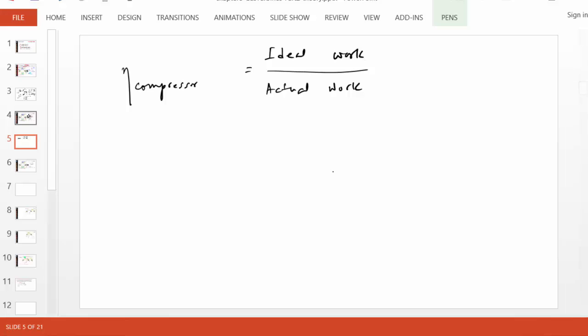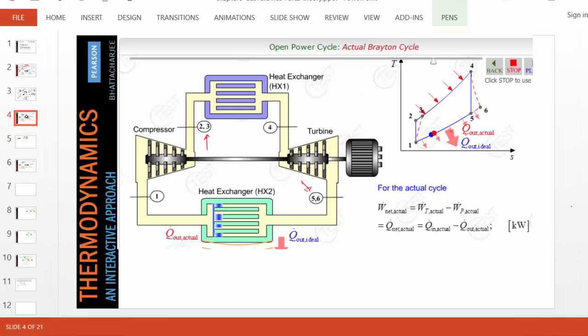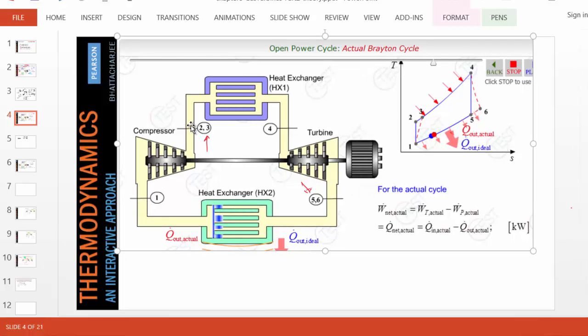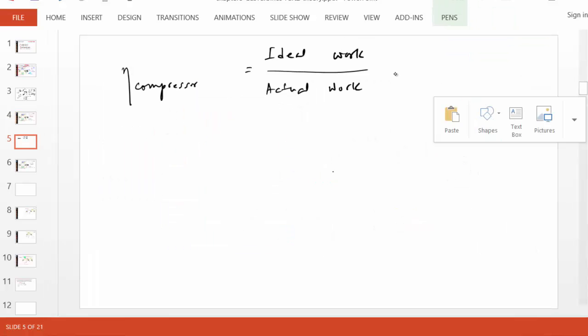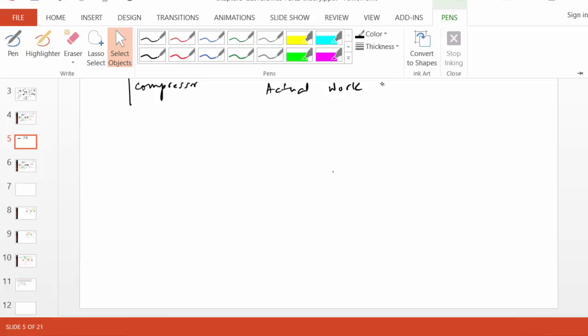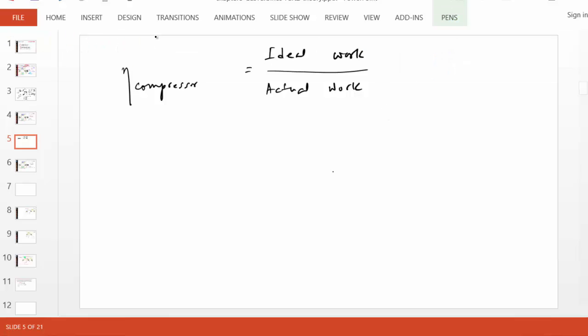So what is the ideal work and what is the actual work? Notice the ideal compressor takes the air from 1 to 2 and the actual from 1 to 3. So therefore, it will be m dot, the ideal work is H2 minus H1 and the actual is m dot H3 minus H1.